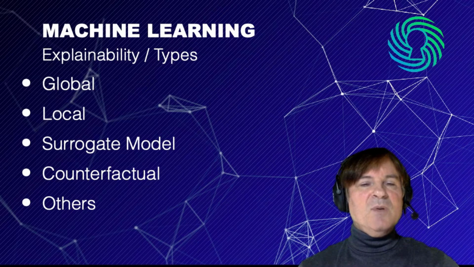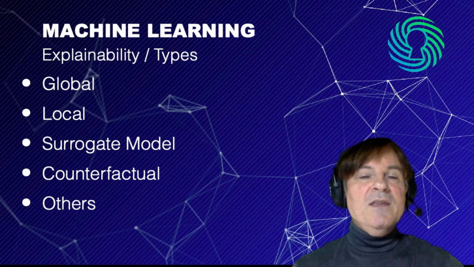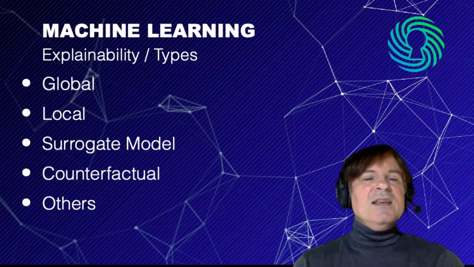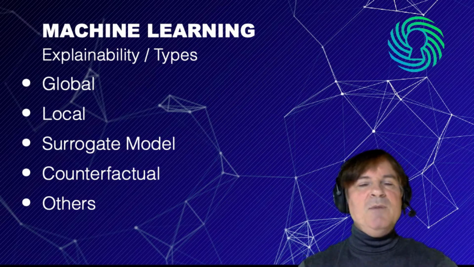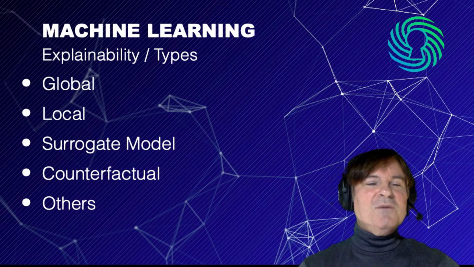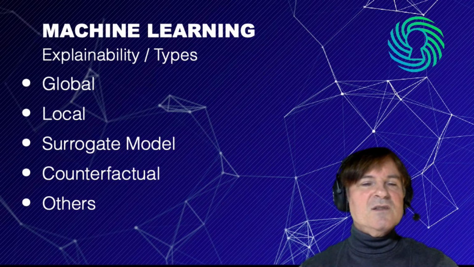I'll give you an example. A model that is going to extend credit to someone. It's going to look at the person's background and make a decision on whether to extend credit. Things like their income level, their payment history, maybe their location, their years of education, and various other features. Recall in machine learning, we look at features that are used to help make a decision. How are those features being used?